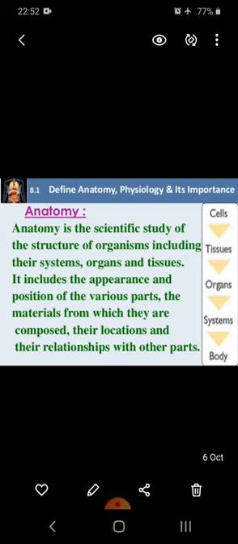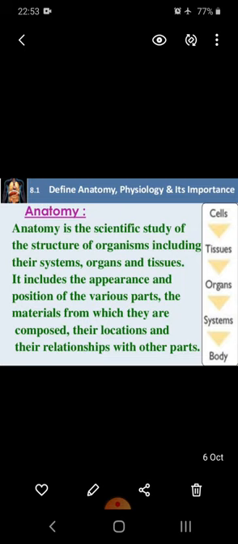For example, the shape, size, weight, structure and location of all the organs of the excretory system such as lungs, kidney, large intestine, liver, skin, etc. are studied in human anatomy.